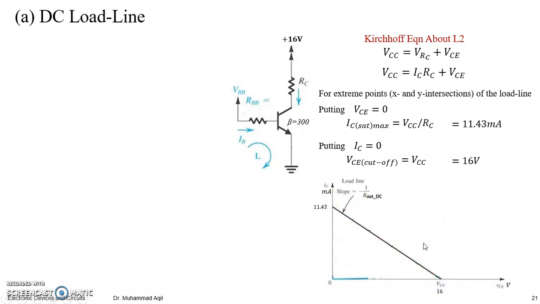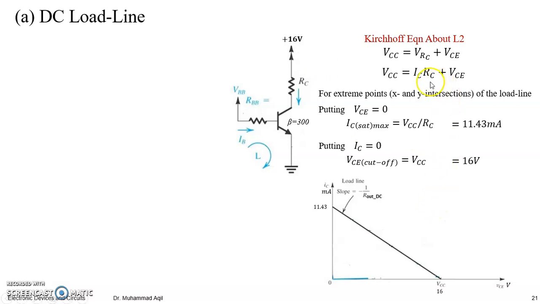Recall that the slope of this line is actually determined by the resistance at the output loop. And what is the resistance? Minus 1 upon R out DC. What is R out DC here? It is RC. Please check with the previous examples.